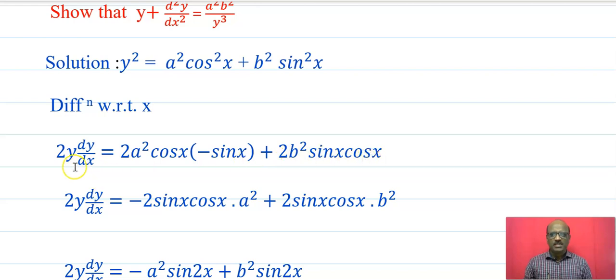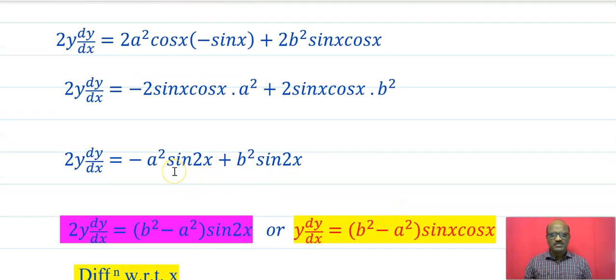Now see this here, there is 2y into dy by dx equals minus 2 sin x into cos x into a square plus 2 sin x into cos x into b square. Now from this, 2 sin x into cos x can be written as sin 2x.